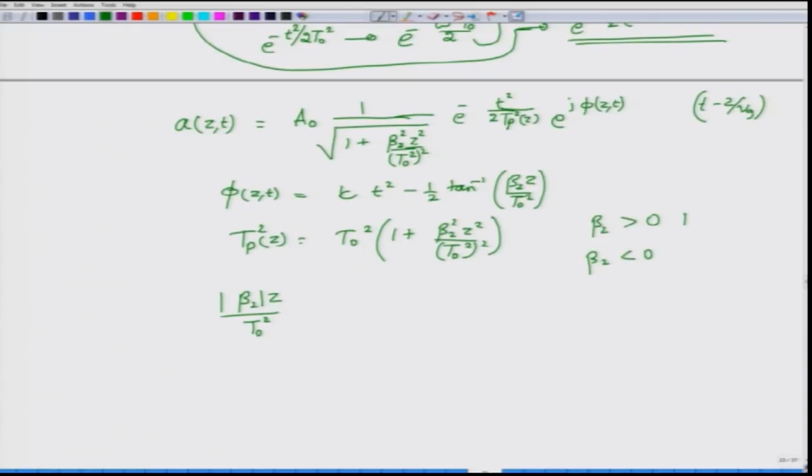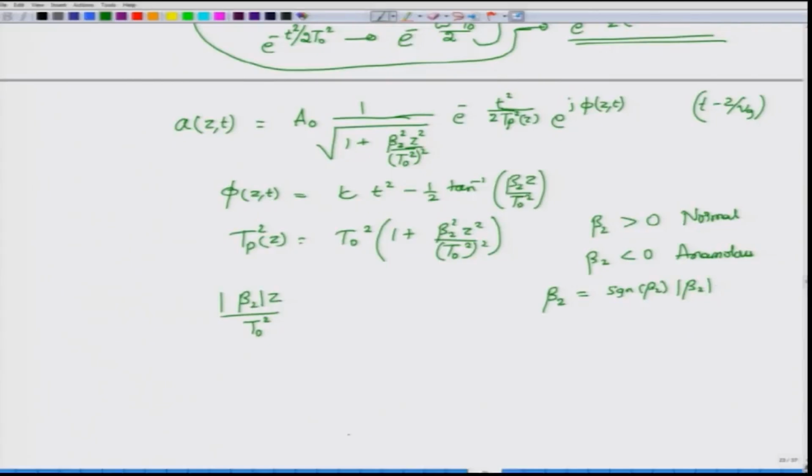So, when beta 2 is greater than 0, we call this normal dispersion. When beta 2 is less than 0, we call this anomalous dispersion. Anomalous is simply the opposite of normal. The reason why we call it this will come out shortly, so do not worry about that. But because the sign of beta 2 can be positive or negative, it is common in the fiber optic community to write this as the sign of beta 2 multiplied by the magnitude of beta 2.